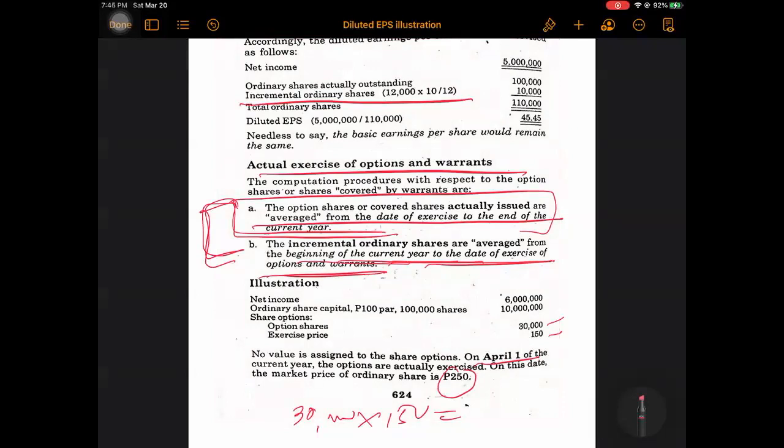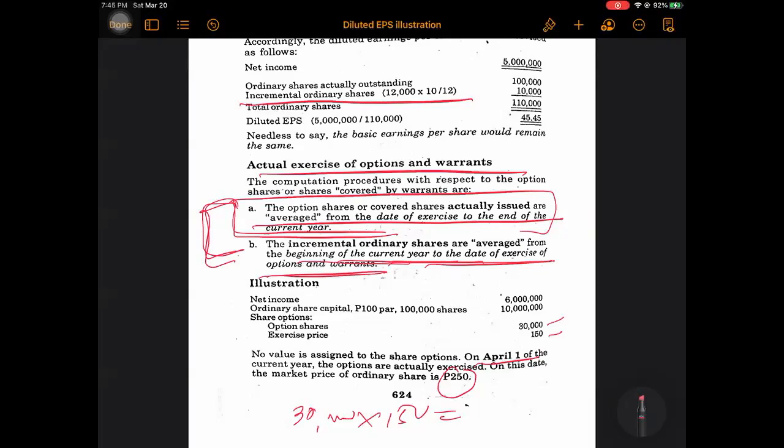Okay, other questions? Sir, if it was not outstanding on January 1, at the beginning of the year, does the incremental computation still start then?